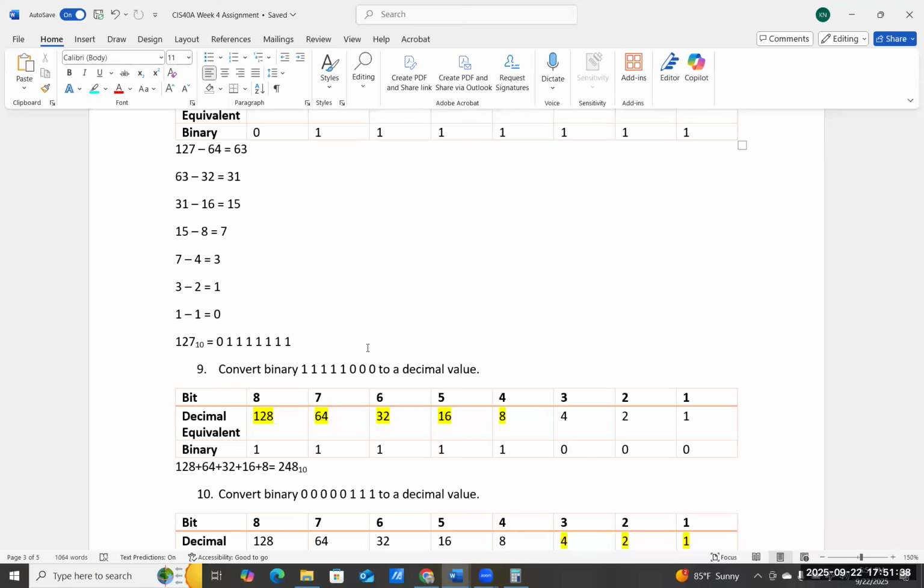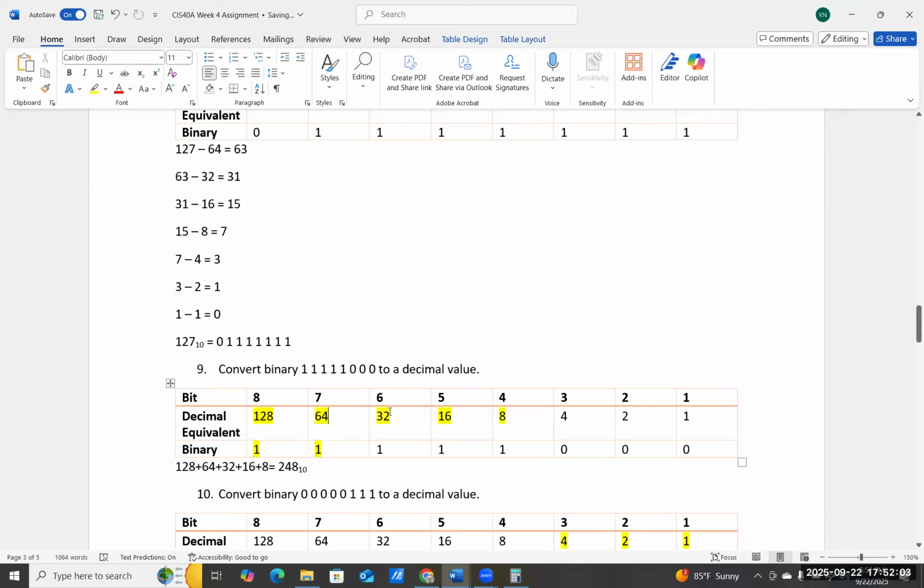As you put the 1s and 0s into the scale, for the bits that have a 1, you add the decimal equivalent. You see the highlighted ones? Those are the bits that have a 1.